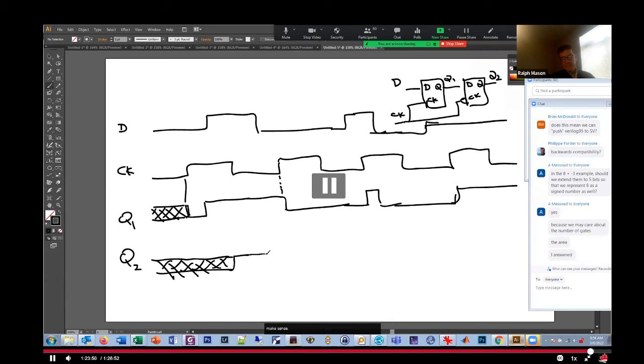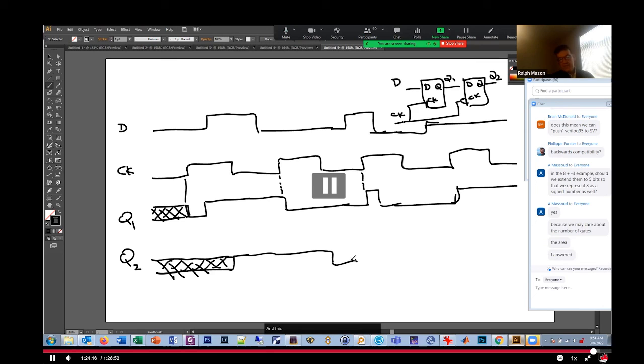Make sense? And then here, it's transparent. This is going low, but not till after the clock edge. So it doesn't see that going low. So it stays high here. And then it goes transparent again, and it goes low. And this didn't happen until after the edge again.